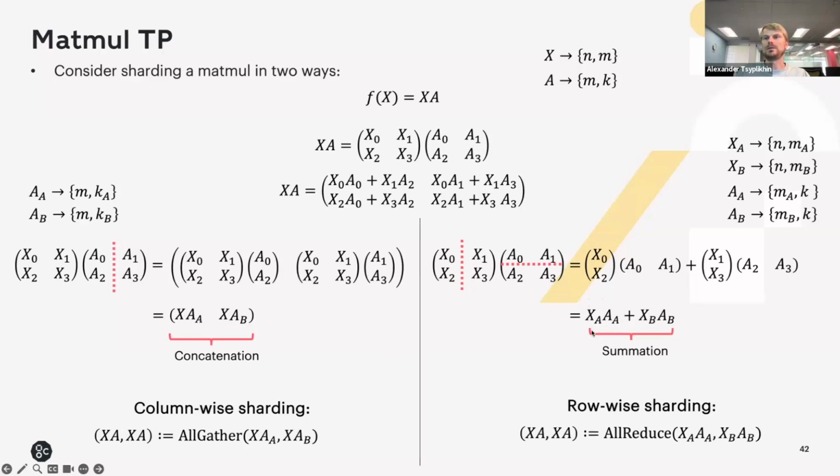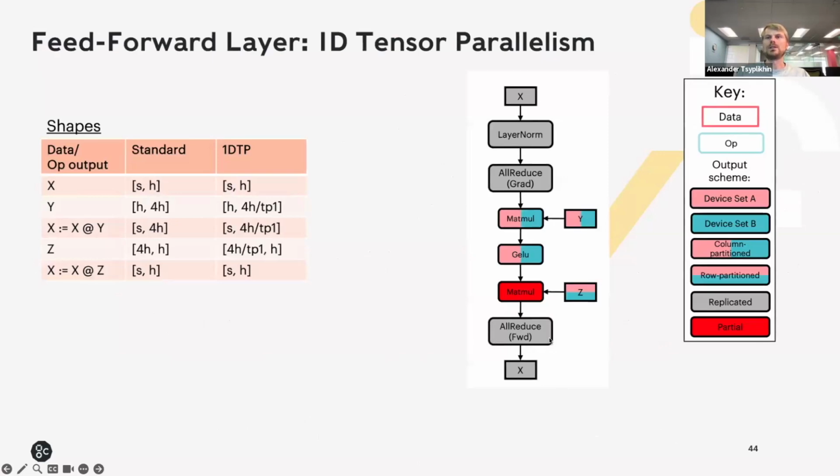And then we'll need to summarize those partials across the devices with the all reduce operation during the forward pass. And during the backwards pass, this becomes a no-op, and the all reduce is used for the gradients, while on the forward pass, this all reduce does not exist. So it becomes a bit more involved, and this is what was described in the original Megatron paper.